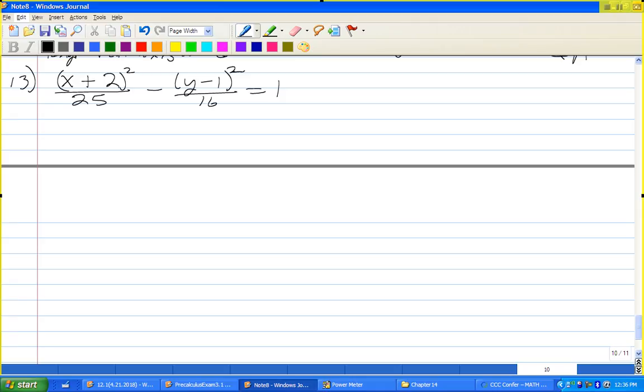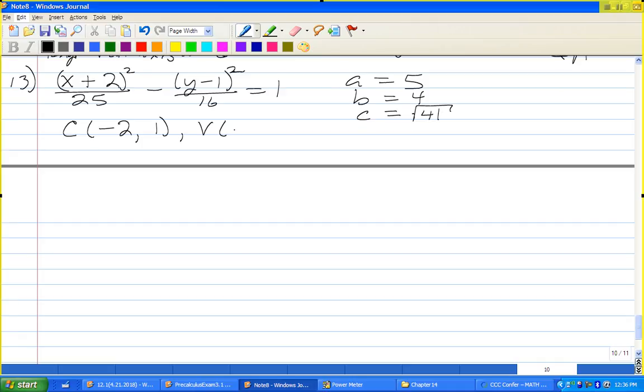Okay, so the center is at -2, 1. A is 5. B is 4. C, 25 plus 16 is 41. So square root of 41.